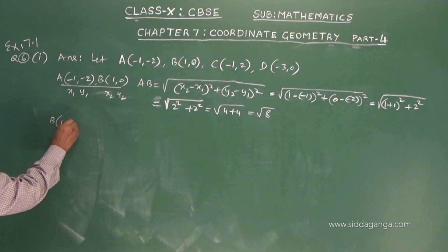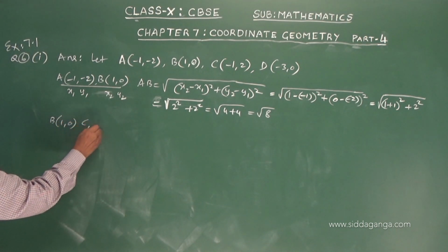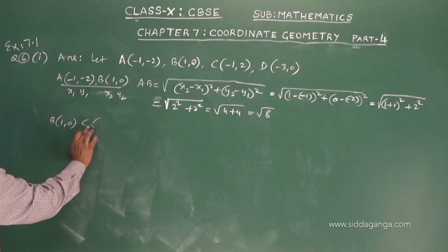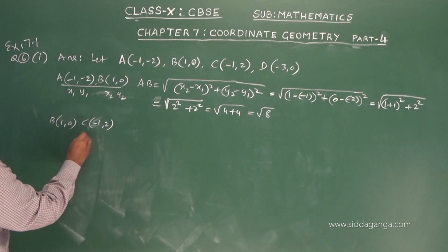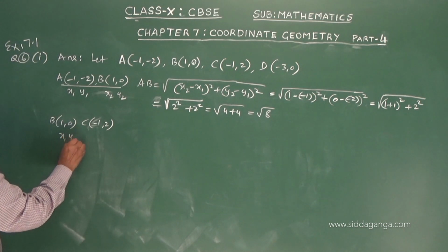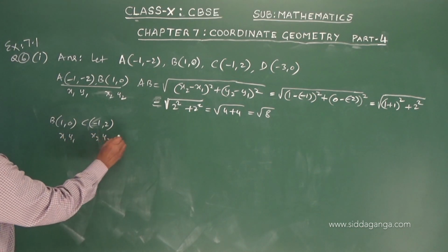B is (1, 0), C is (-1, 2). So I will call these x1, y1 and x2, y2.